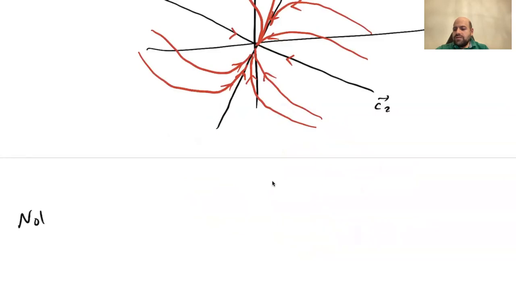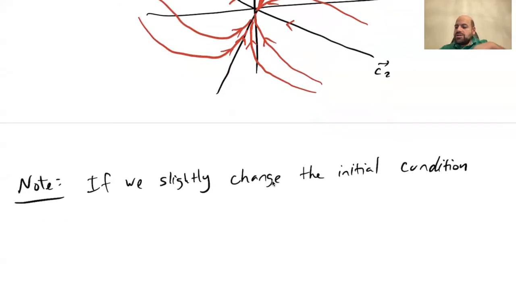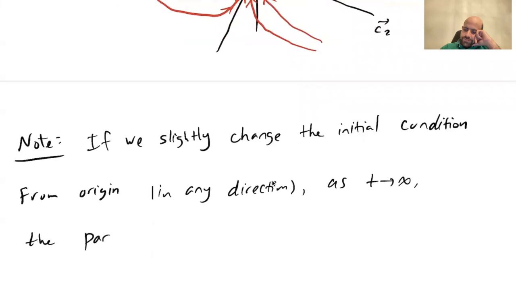So note that if we slightly change the initial condition from origin in any direction, as t goes to infinity, the particle will get closer and closer to origin.